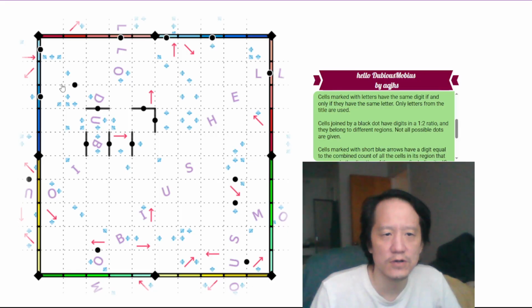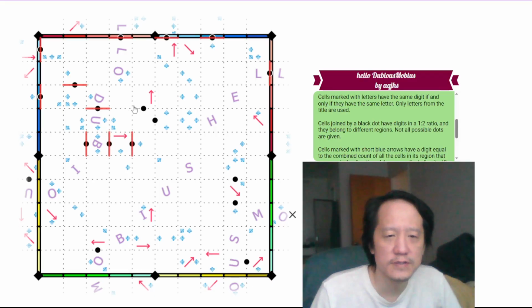So these are all separate regions. This one's hard to see. Maybe I should make it red. Can you see it along here? No, it's still hard to see. Oh wait, no, we can see it. That was a black. It's not very easy to see though, because there's a lot of colorings here.